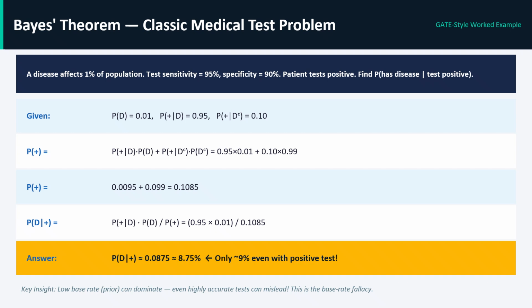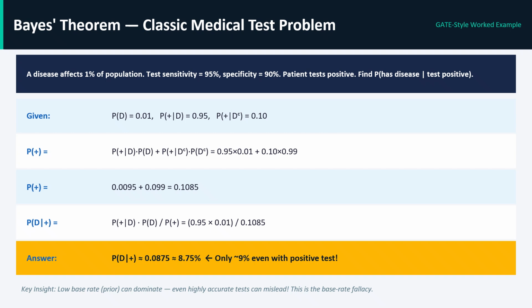Thus, probability of positive is equal to 0.0095 plus 0.099, which will be equal to 0.1085. Thus, probability of disease given a positive result in the test will be equal to probability of a test result being positive given disease is already there, into probability of disease, by probability of positive results.